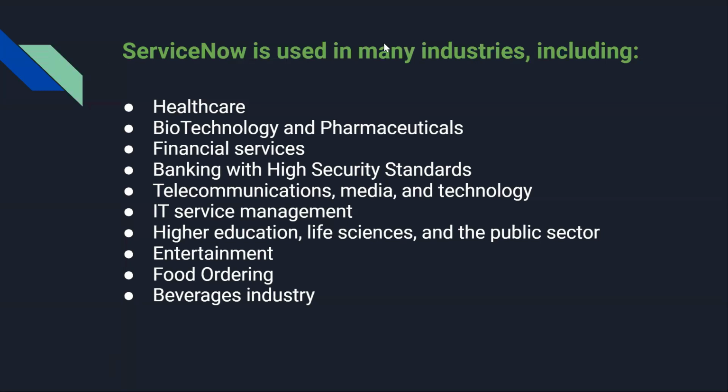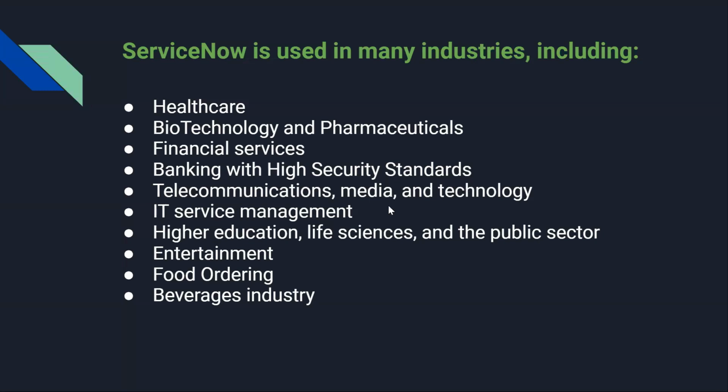You may have a question: where all can we use ServiceNow? Almost in all industries, like healthcare, biotechnology, pharmaceuticals, financial services, and banking, which look for high security standards. ServiceNow can offer that because it uses a single tenant architecture.